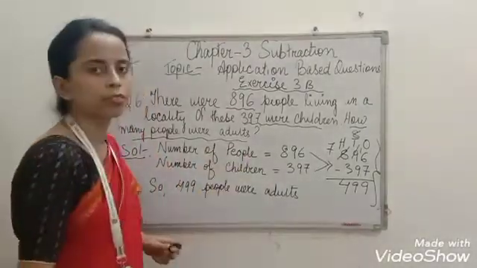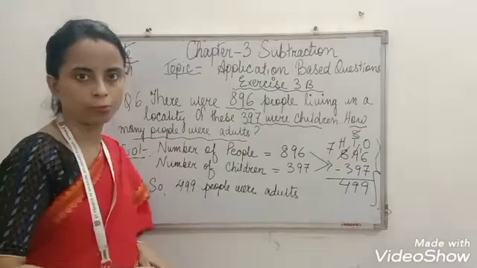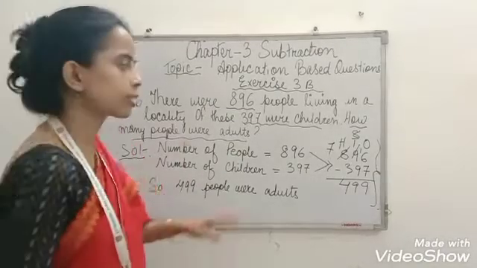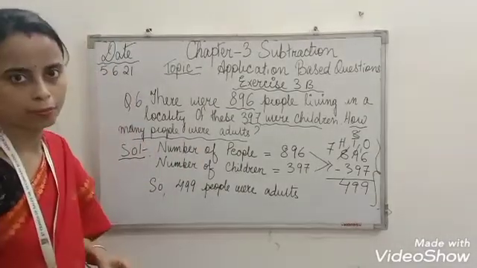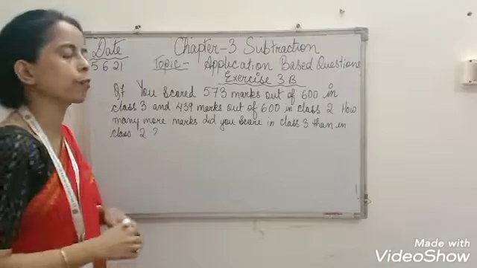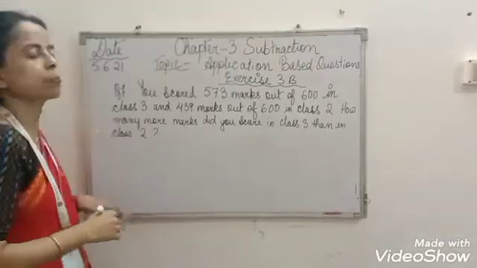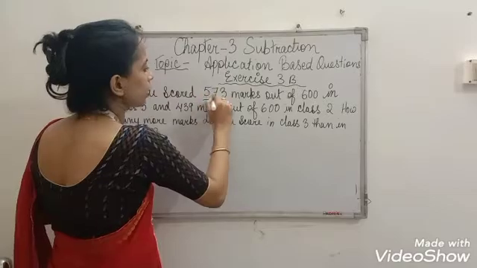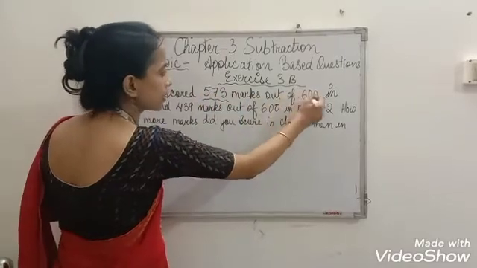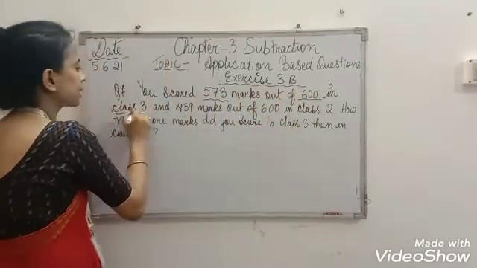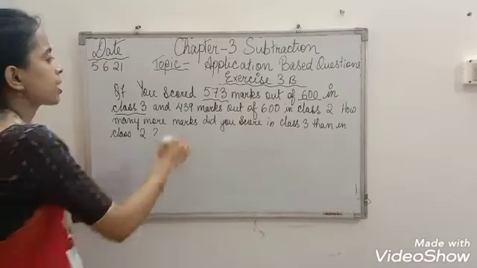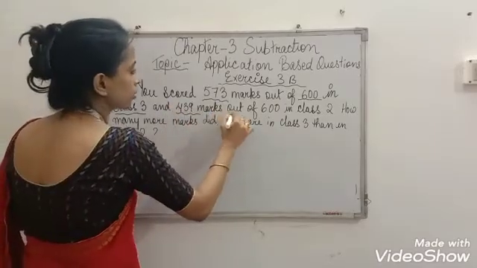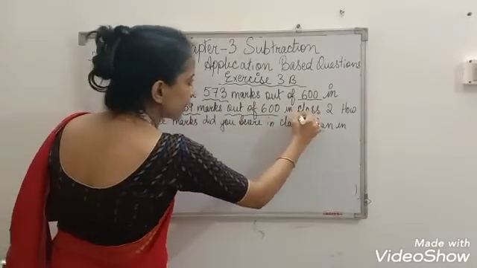I'll show you how to do this. Alright, children? So, I'll start now question number 7. Now, the next word problem you see, children. Question number 7. You scored 573 marks out of 600 in class 3 and 439 marks out of 600 in class 2.